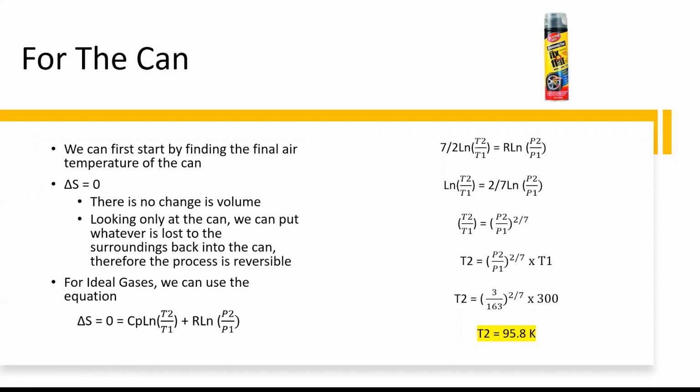For ideal gases, we can use the equation delta S equals 0 equals Cp times the natural log of T2 over T1 plus R times the natural log of P2 over P1. Simplifying this equation and plugging in our T1, P2, and P1 values, we get a final temperature in the can of 95.8 Kelvin.